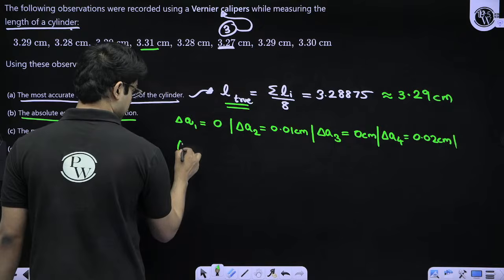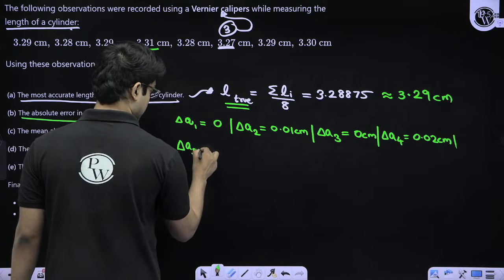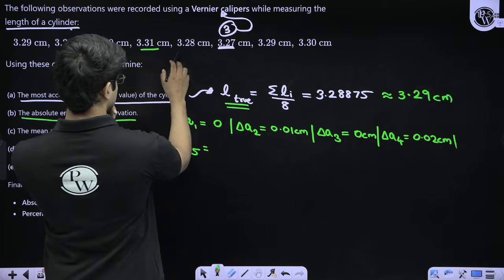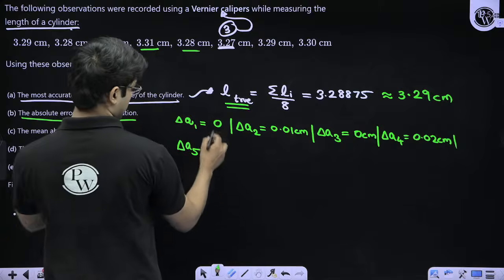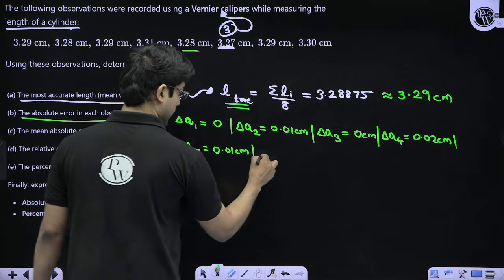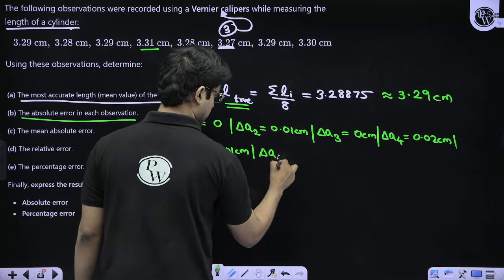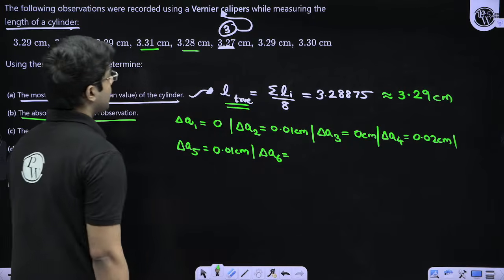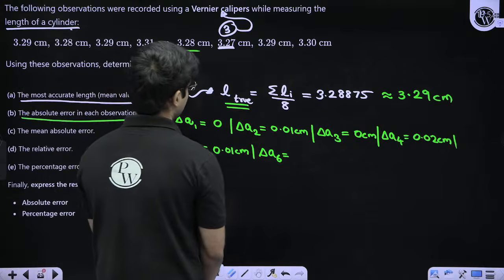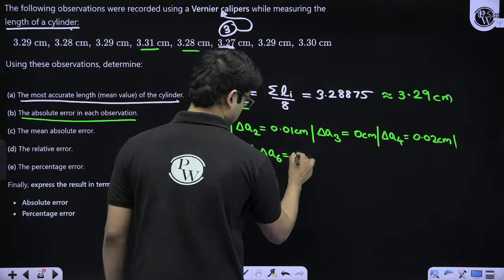And in the fifth measurement, the absolute error, this is the fifth one, is 0.01 centimeter. And in the sixth measurement, the absolute error will be 0.02, right? 0.02.